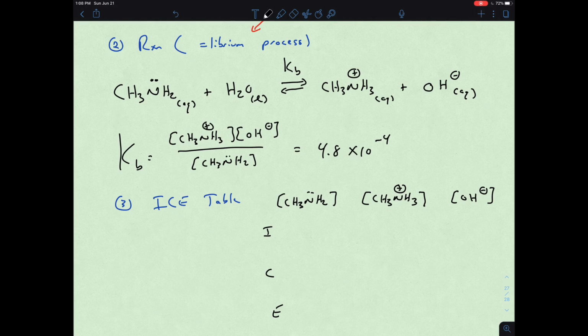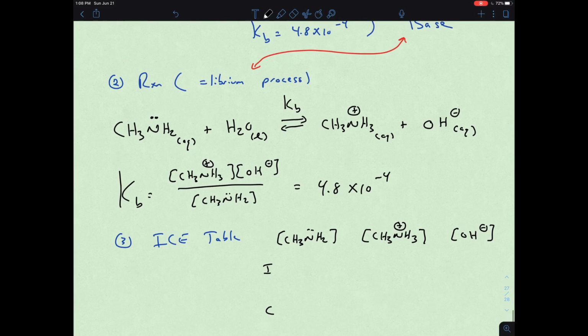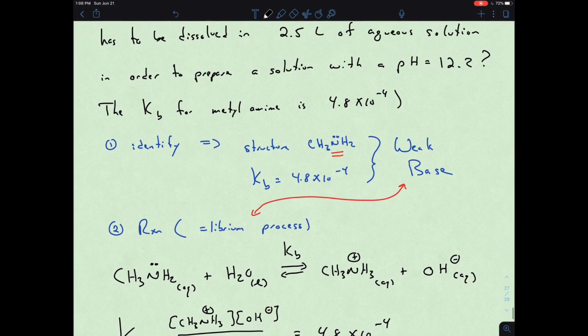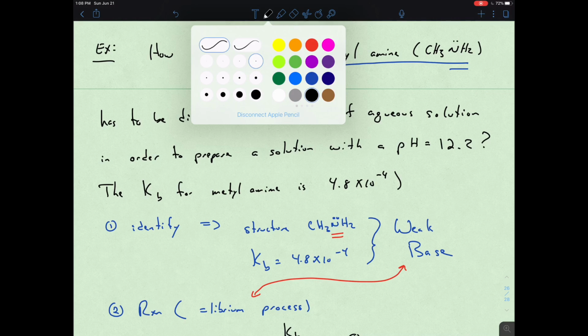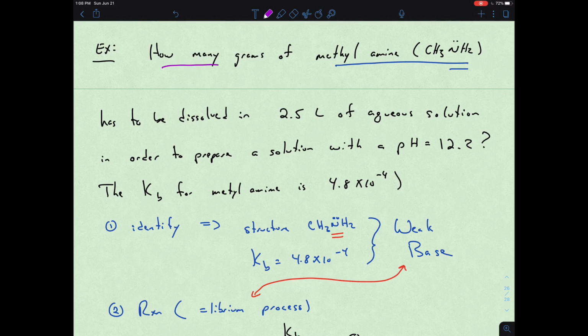And so if we go back to the data that's given to us, they're really asking us how many grams of the methylamine dissolved in 2.5 liters of aqueous solution.